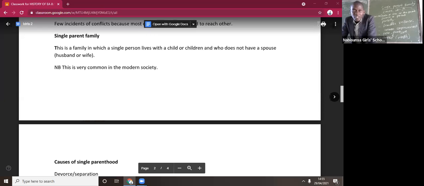They are saying this is a family in which a single parent lives with a child or children and does not have a spouse, a wife, or what? Yeah. Like the way you see Gashumba. Do you know Gashumba? Yeah, he's a good father, and he has managed to raise his children. So it's a good example.